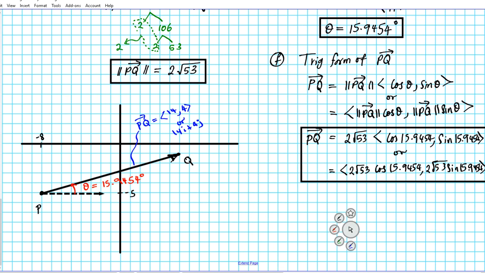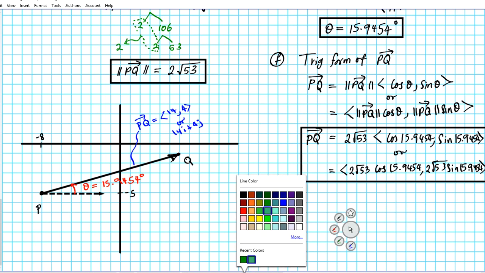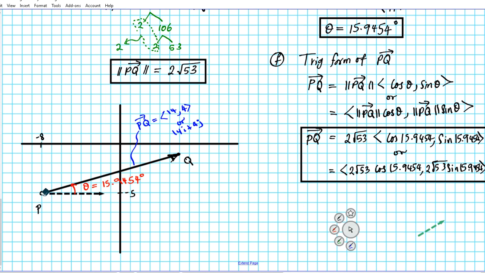The magnitude of the vector is basically the length of the vector. So let's show you what that is visually. If you measure the length of the vector from the tail to the tip, that line segment I have drawn right there, that's the magnitude of the vector.